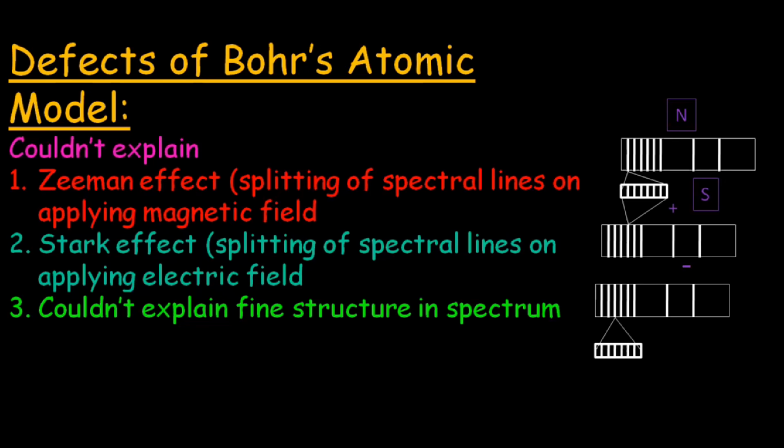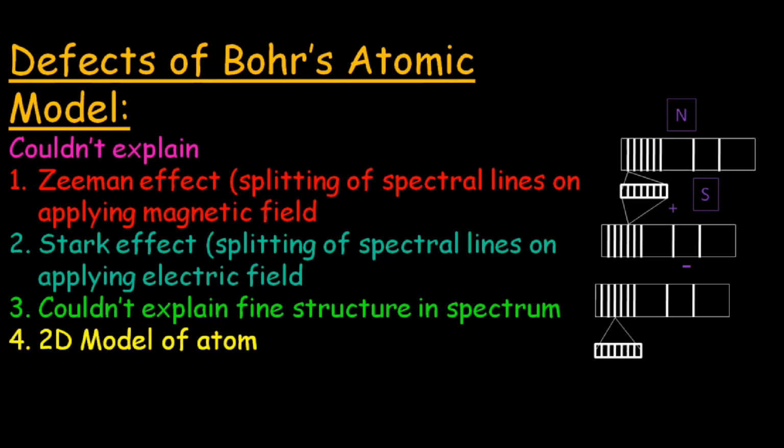This is known as the fine structure in a spectrum. This effect is observed in the hydrogen atom. The H alpha line in the Balmer series splits up into 5 components, which shows that the principal quantum number which Bohr used alone is not enough to explain the position of the electron around the nucleus of the atom. We need the other quantum numbers too.